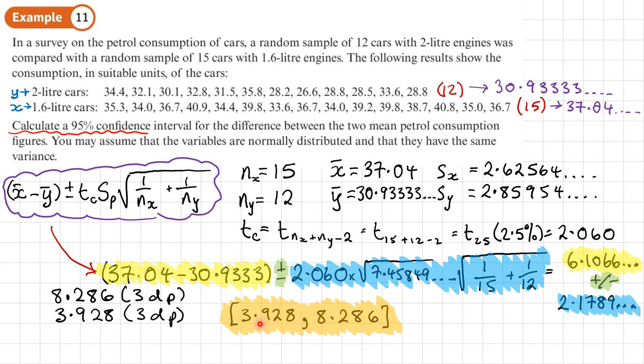If the difference is outside of these ranges, then I may suspect that the difference is too great, so that moves on to the next section, which is all to do with hypothesis testing. But for now, that's just the confidence interval there.